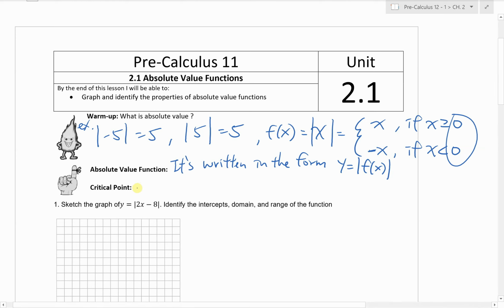Okay, so it's the x-intercept of the graph, and the graph changes direction at this point.